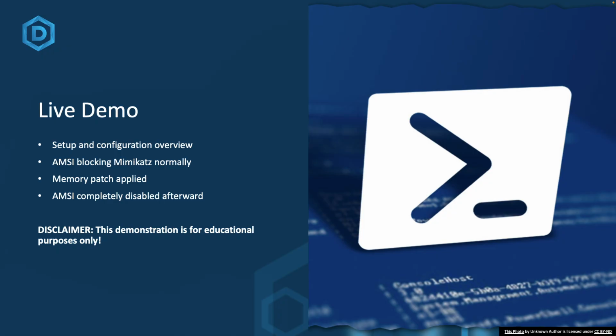I'll be showing you that AMSI will actually block Mimikatz normally, and then I'll show you that actual memory patch applied with our proof of concept, and then AMSI being completely disabled afterwards, to the point that we can even run that initial test file that we use to show that Mimikatz is blocked.